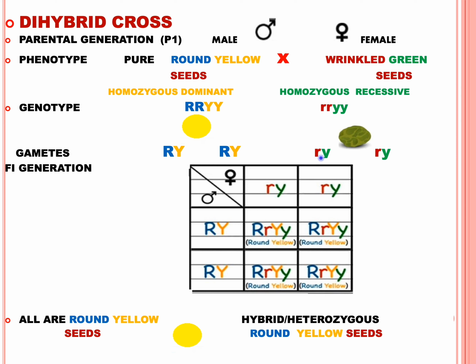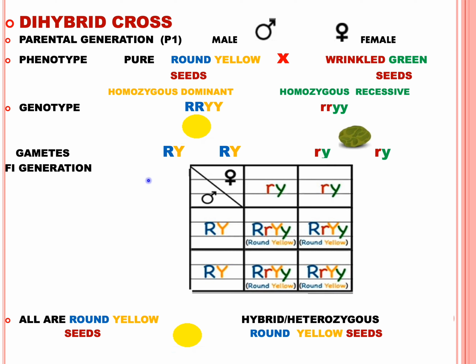For example, small r for wrinkled seeds and small y for green color of seeds.